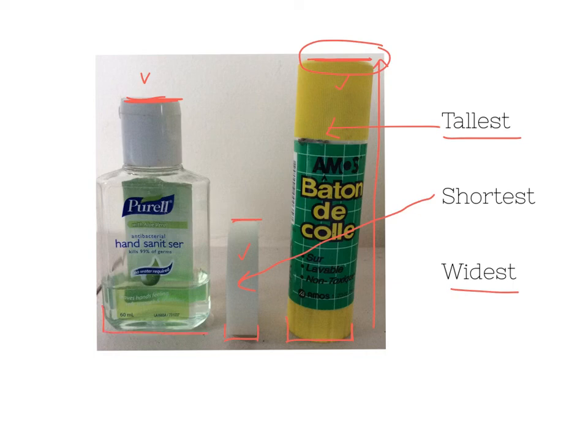Which one has the biggest bottom part? Is it this one? No. Is it this one? No. It's this point here. This side to this side is much bigger than the other two, so the widest one, you guessed it, is the hand sanitizer.